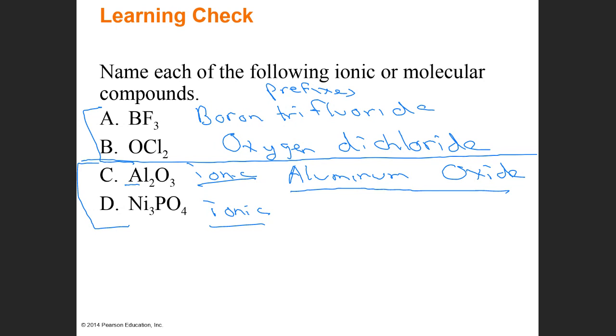Now, Ni3PO4. You might need to look at that charge sheet which I gave you. But I'll tell you what to look for on that. If you pull up the charge sheet, you're going to see PO4 is listed as a polyatomic ion on that common ions list. That's on the first page.